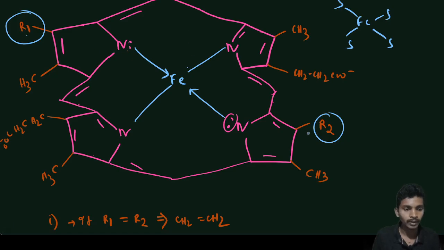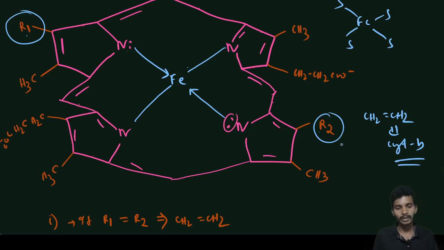If R1 and R2 both are CH2, then this is cytochrome B. Cytochrome B means that it is hemoglobin and myoglobin in that case.